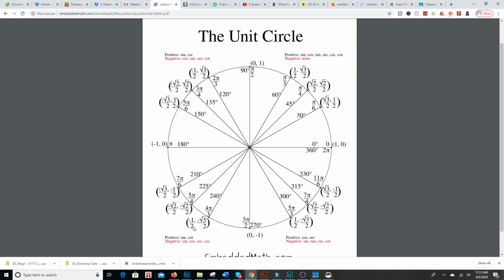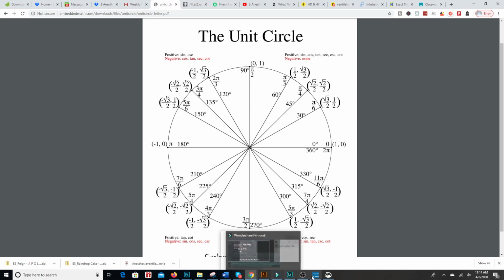Radical 3 divided by 2 is 0.866. So that's 0.5 and 0.866, and that gave us 240 degrees.